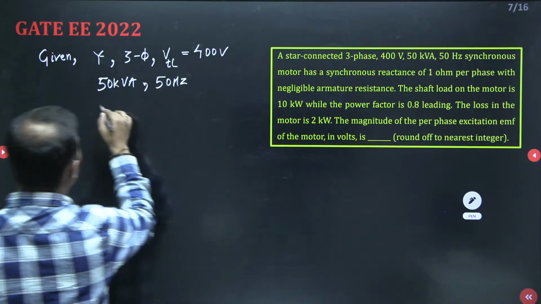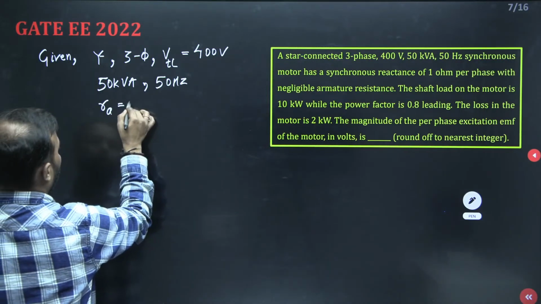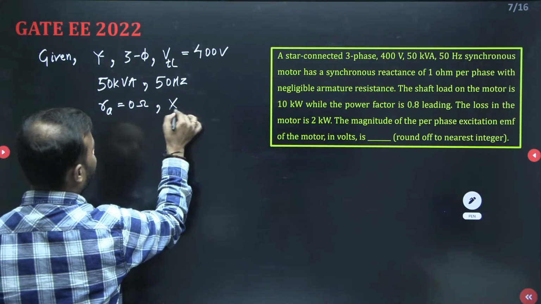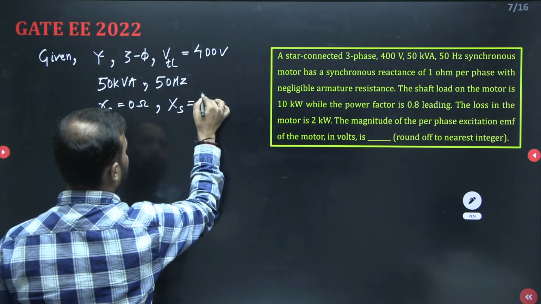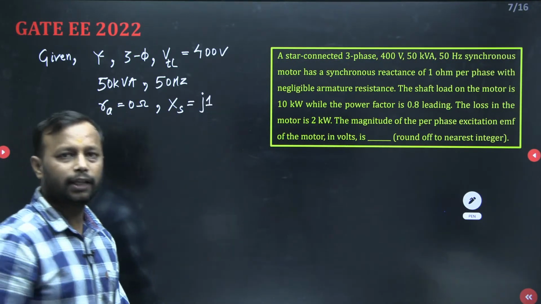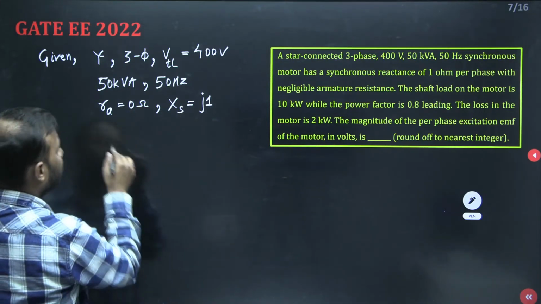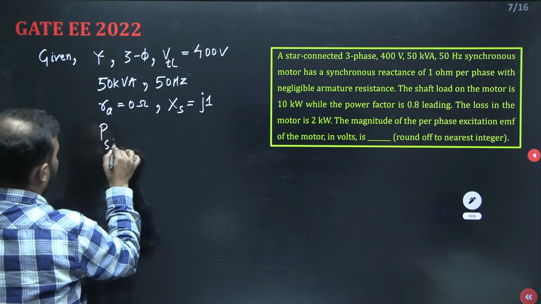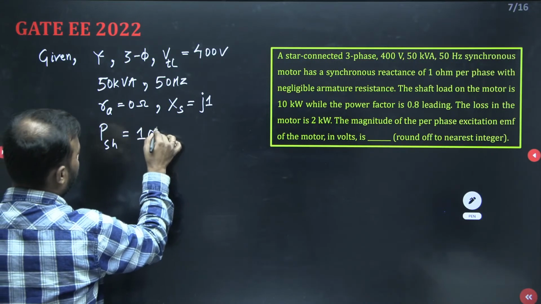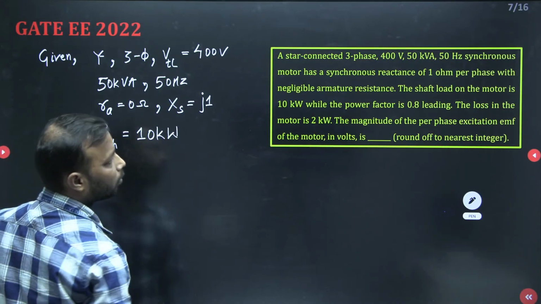with negligible armature resistance 0 ohm and with synchronous reactance XS, this is j1. Next, the motor has a load, that is shaft load, P shaft, which is equal to 10 kilowatt.